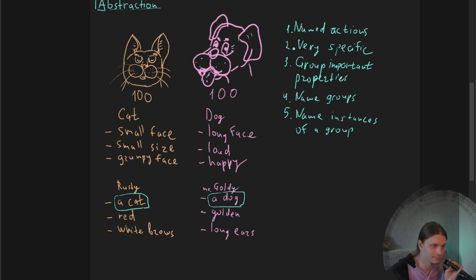Well, 5 steps, few days, 200 animals, 12 people, including us, and we invented abstraction. Isn't that exciting?